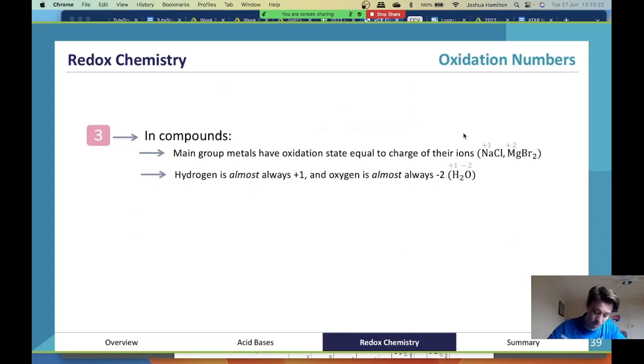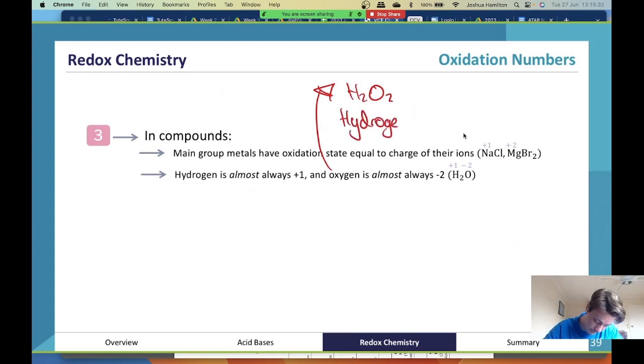So the example is H2O2. Those of you who know what that molecule is, it's hydrogen peroxide. And for those of you who have heard of that before, think of a World War II movie.